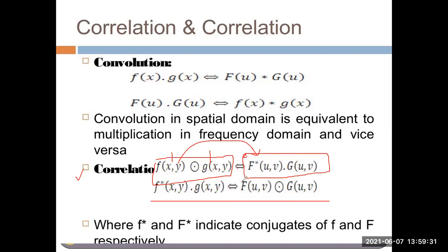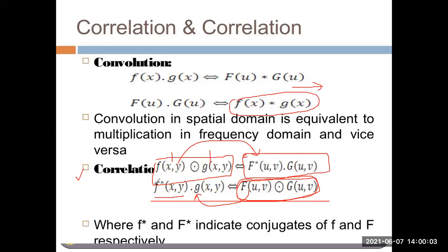Suppose you find the correlation between two functions or two images in the frequency domain, that will be equal to the multiplication of two signals in the spatial domain, but here the first signal should be the complex conjugate of the previous signal.